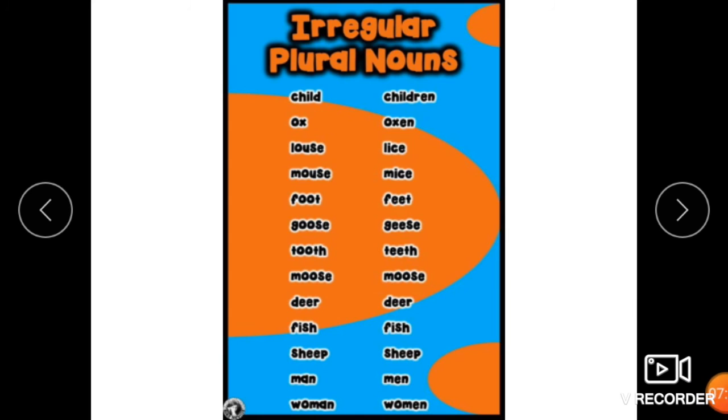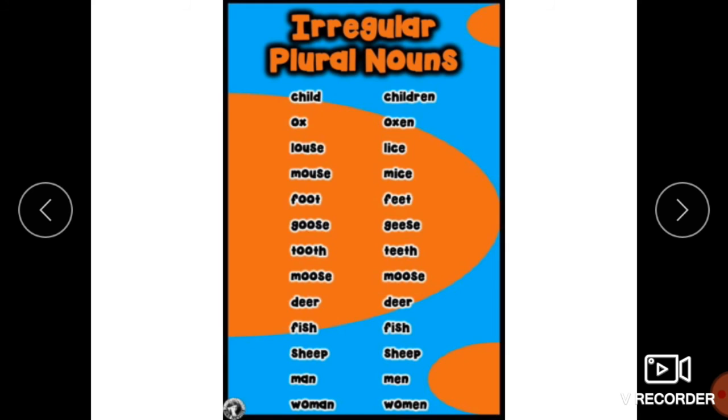So dear students, look at these words. These are common nouns: man, woman, sheep, fish, teeth, feet. There is no plural of a proper noun. Do you understand that proper nouns don't have plurals?